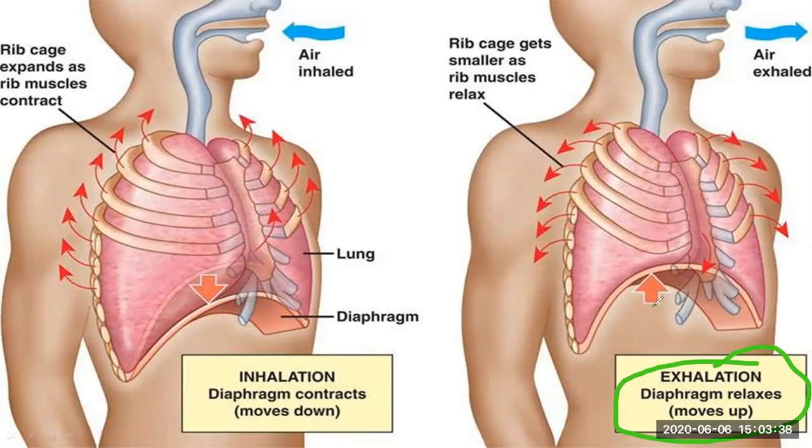Expiration happens when the external intercostal muscles and the diaphragm get relaxed. In forceful expiration, the internal intercostal muscles are involved, but in normal breathing, or abdominal breathing, only the external intercostal muscles play the very important role.